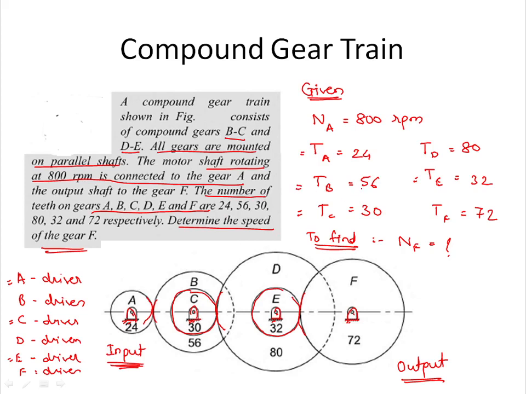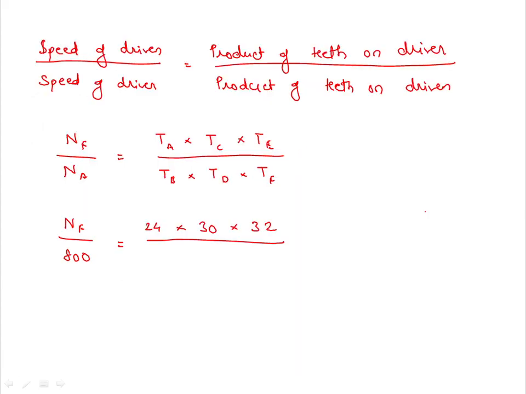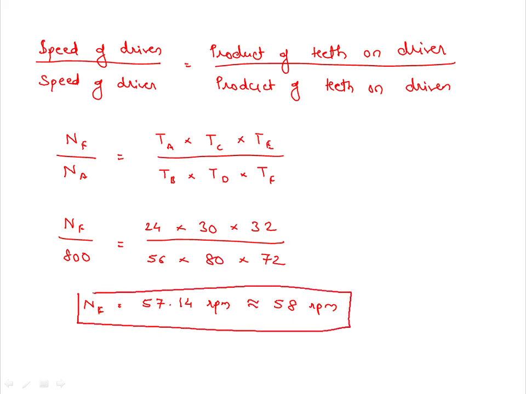Here TB is 56, TD is 80 and TF is 72. So it will be 56 into 80 into 72. Now just calculate the values over here and you will get the answer NF as 57.14 RPM. So it will be nearly equal to 58 RPM.